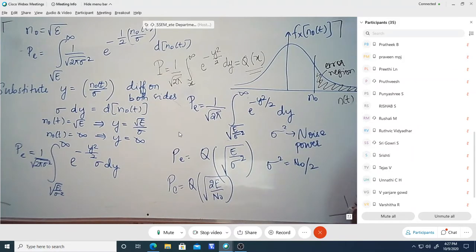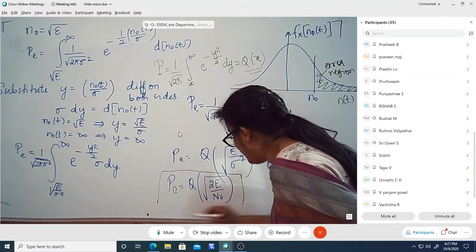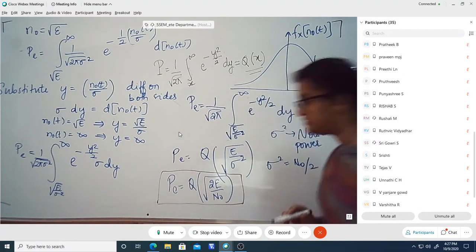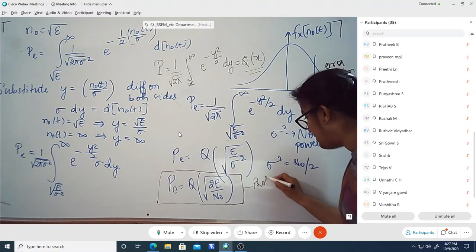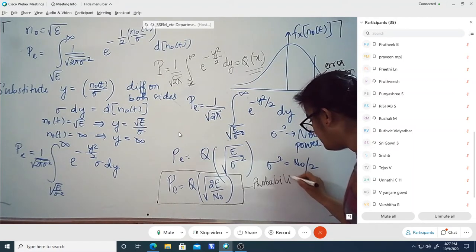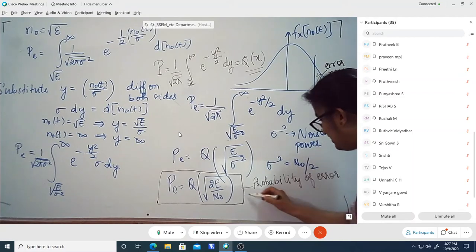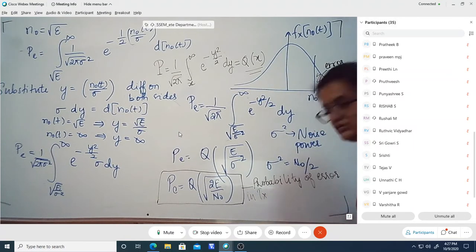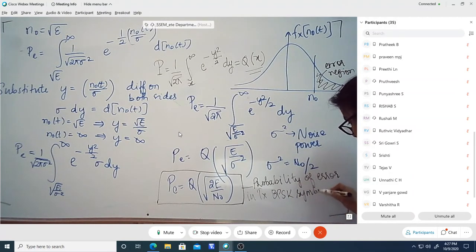So this is the equation that is used to measure the probability of error that occurs in transmitting BPSK symbols over the channel. Probability of error in transmitting BPSK symbol over AWGN channel.